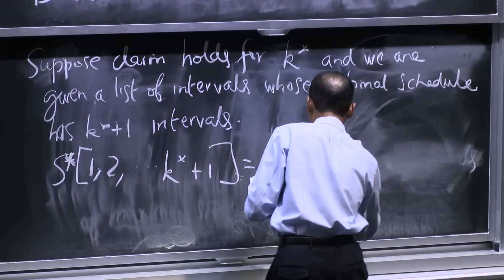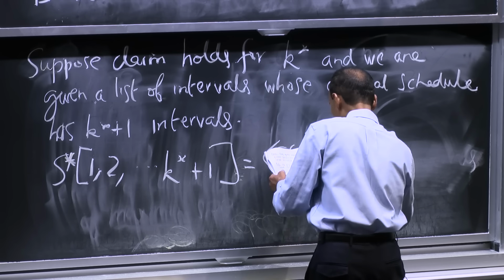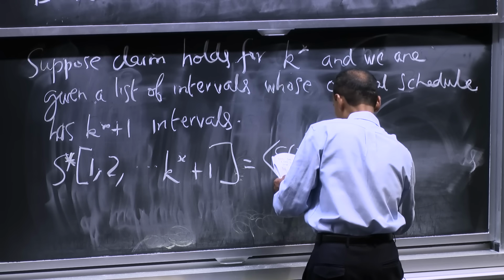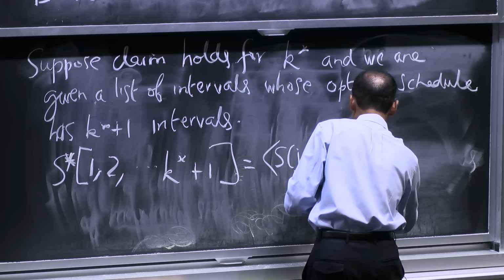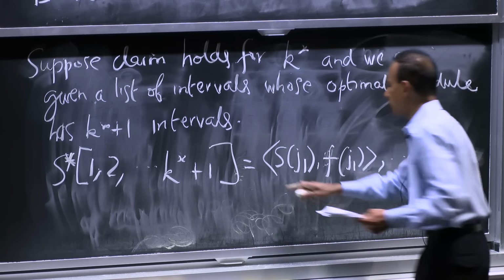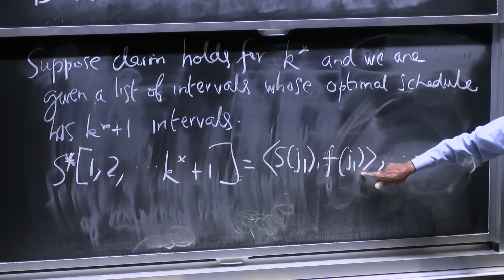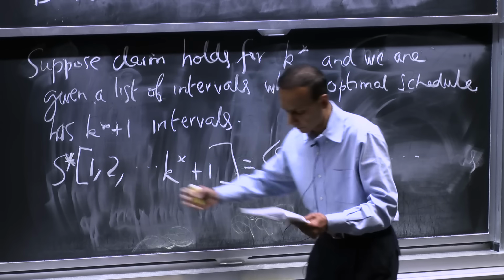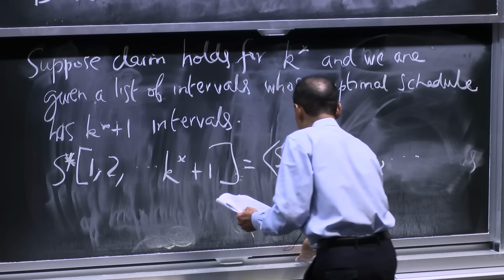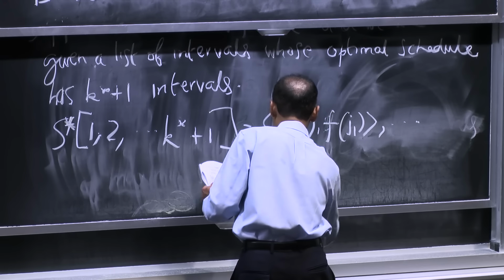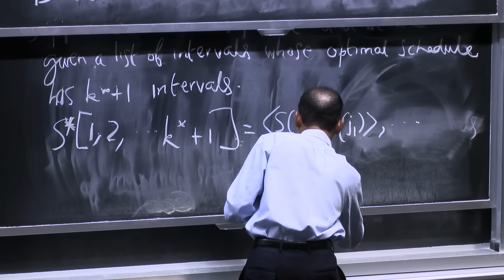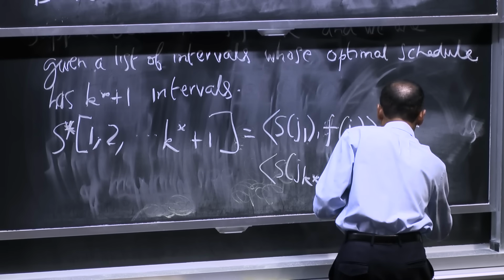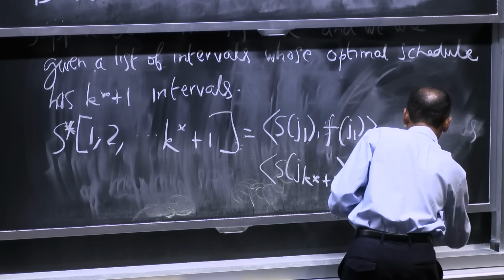So I'm going to be using the subscript J1 through J k star plus 1 to denote these intervals. So the first one is Sj1 Fj1. That's an interval that's been selected and is part of our optimal solution. And then if we keep going, and we have Sj k star plus 1 comma F j k star plus 1.